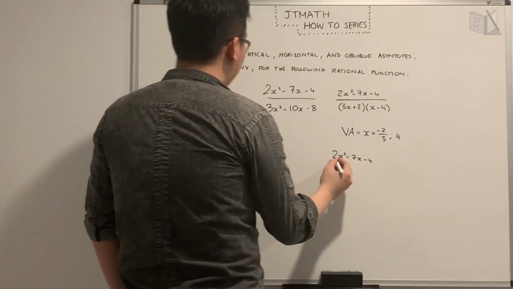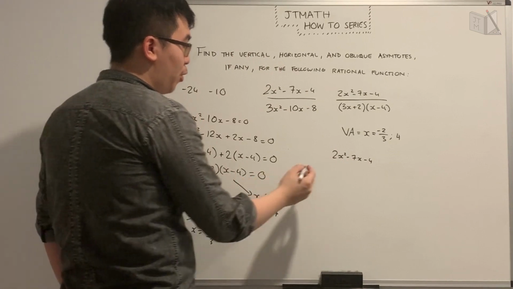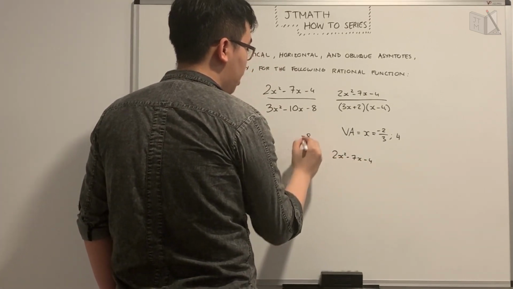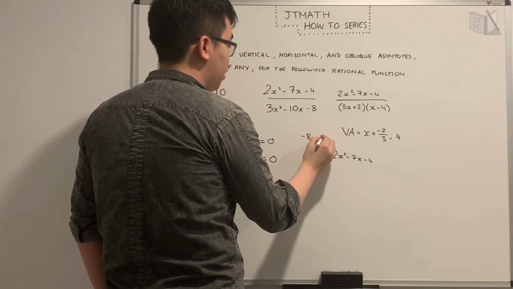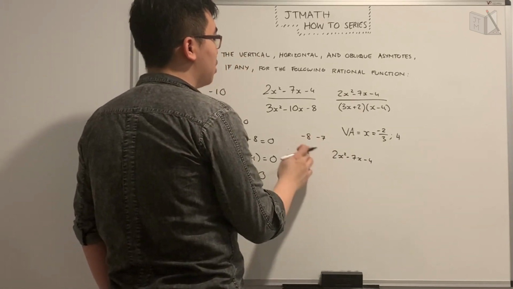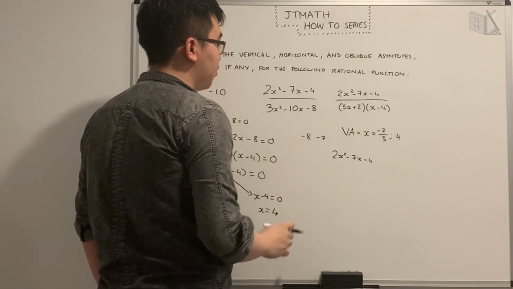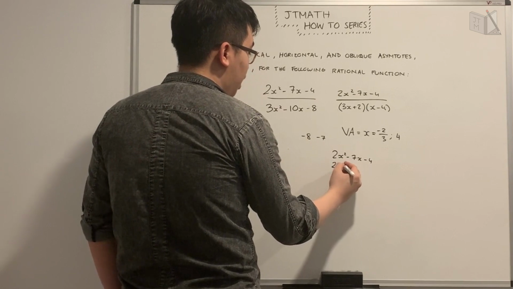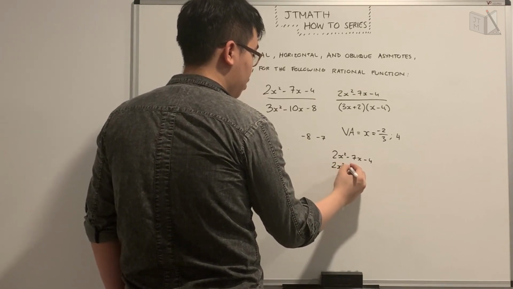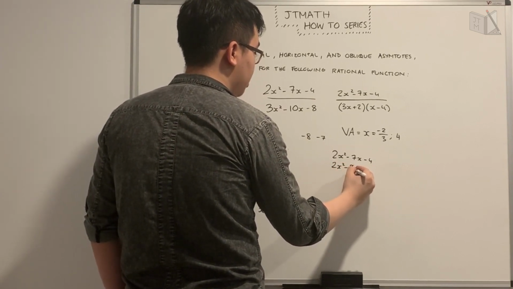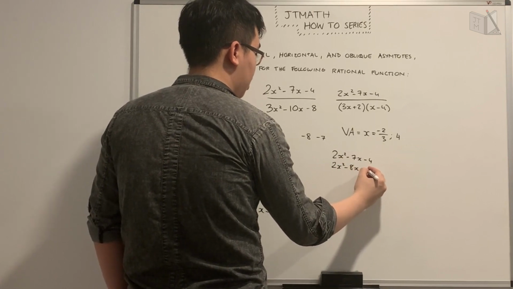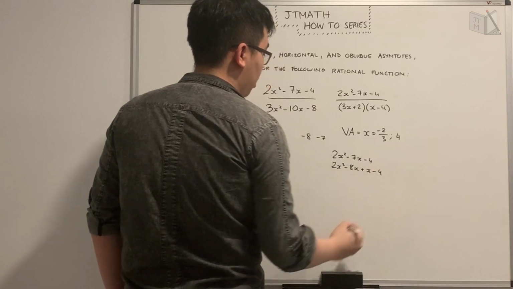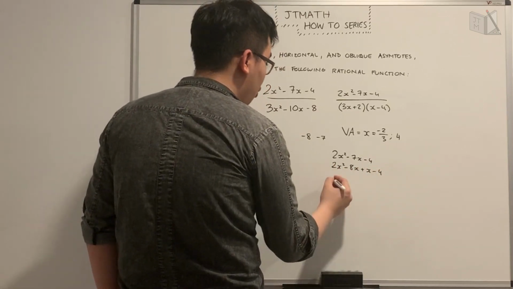Once again I'm going to use this technique where I take 2 and multiply it by minus 4, giving minus 8, and minus 7 here. So I'm looking for two numbers that multiply to give minus 8 and add to give minus 7. I think they're going to be minus 8 and plus 1. So I'm going to rewrite this entire equation with the minus 8x and the plus 1x, minus 4, and factor it by grouping.